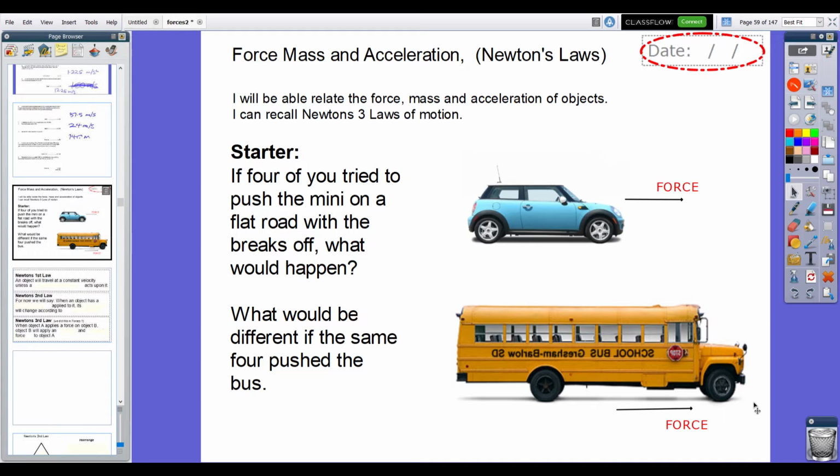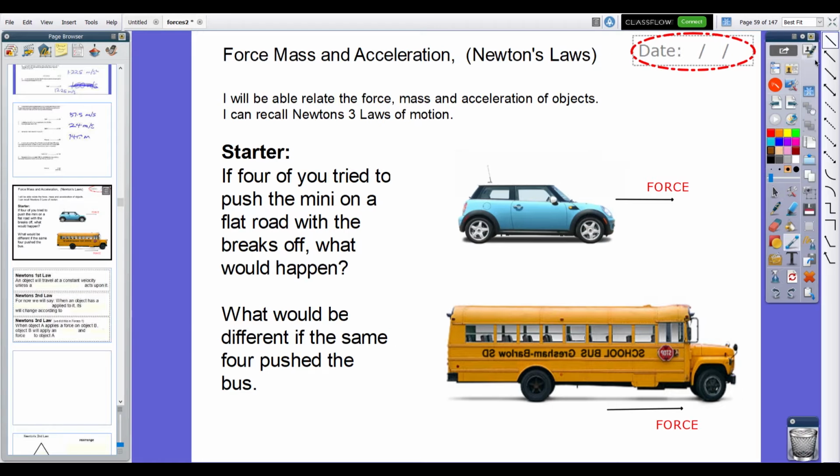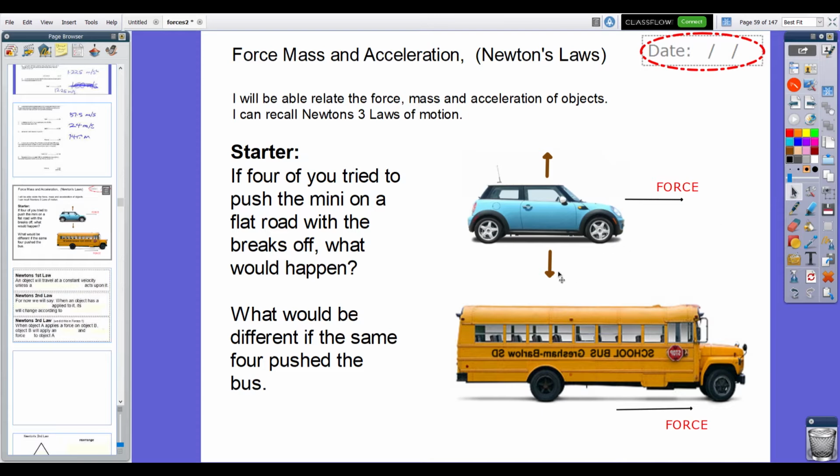Okay, well, I think most people would agree that a small car like a Mini, if you accelerated it, it would actually start to move. It would accelerate. Now you might think in some ways that you're fighting the weight of the car when it starts moving along, but you're not, because the weight of the Mini acts downwards, and we'll also get an equal reaction force on the Mini acting upwards.